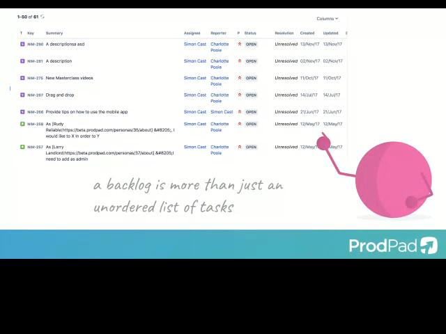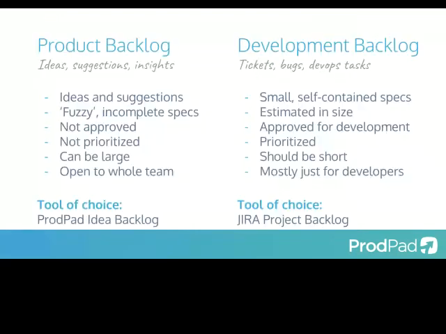But the reality is that your product backlog should be more than just an ordered list of tickets or cards. If you want to make sure you're building the right things, you need to have a better space to manage your entire product backlog. And so this is where a lot of people get confused because the term backlog is a pretty broad term. So let's split it into these two parts.